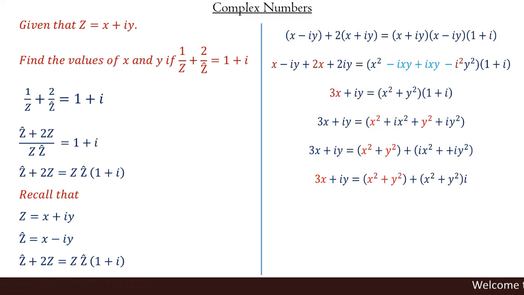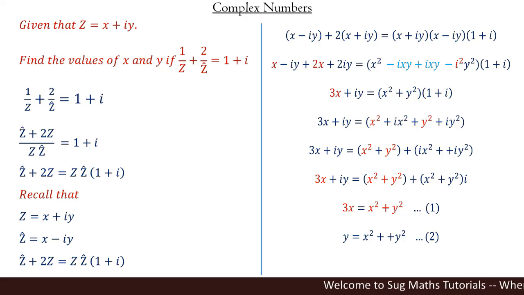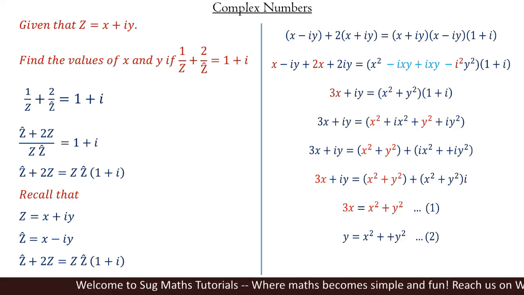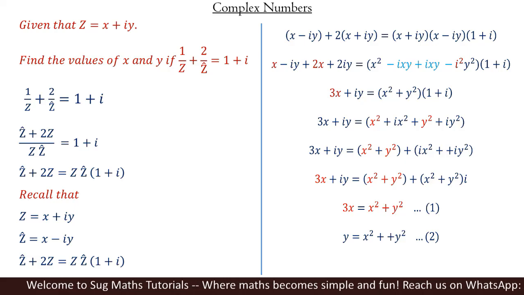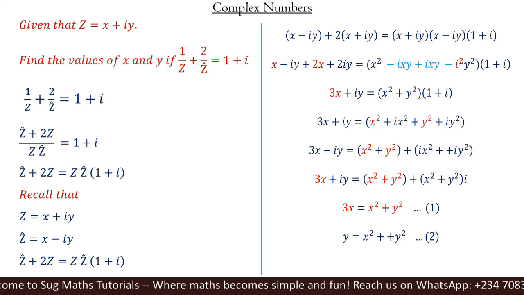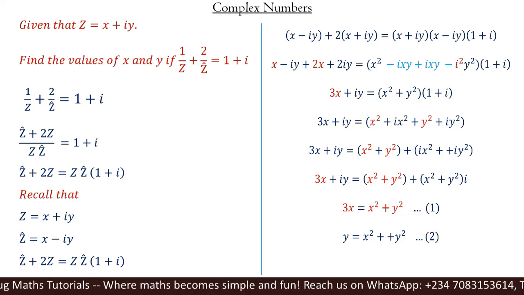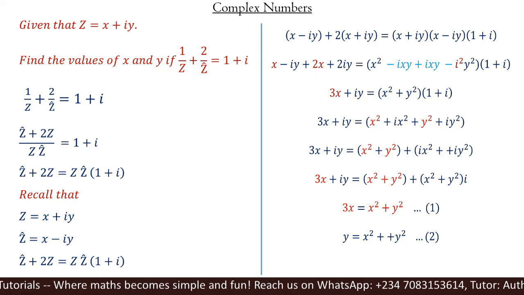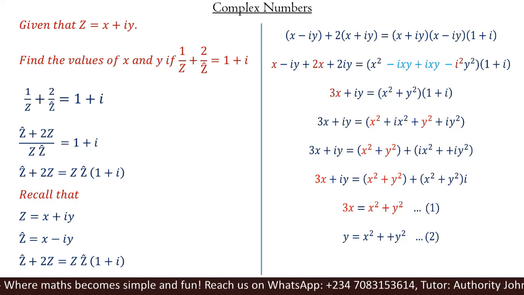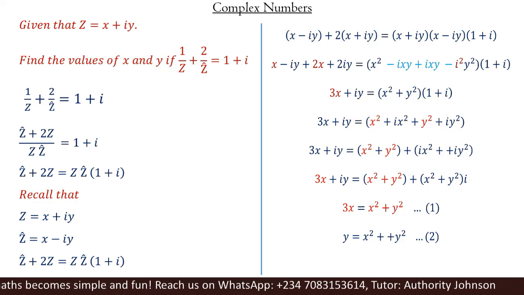So meaning we are going to say that the real part of the left hand side, which is 3x, is equal to the real part of the right hand side, which is x squared plus y squared. And now the imaginary part of the left hand side, which is y, is equal to the imaginary part of the right hand side, which is also x squared plus y squared.